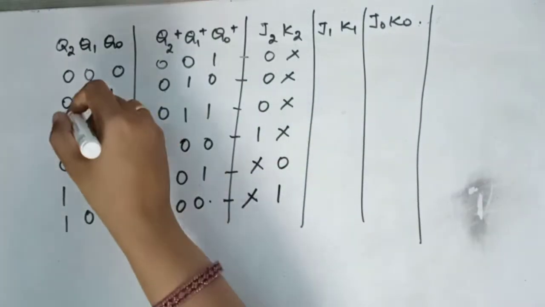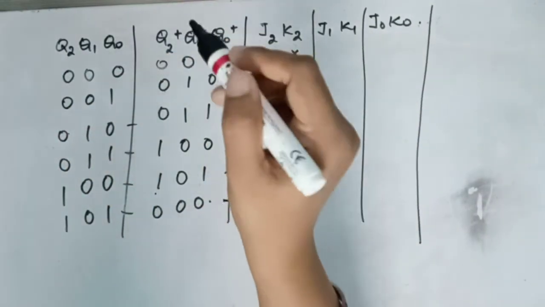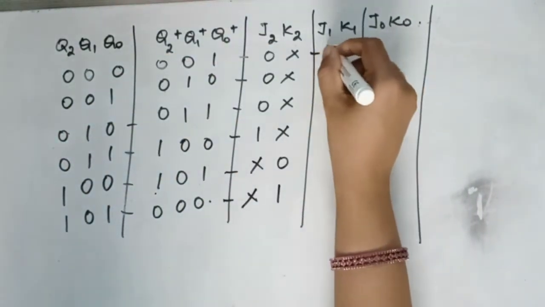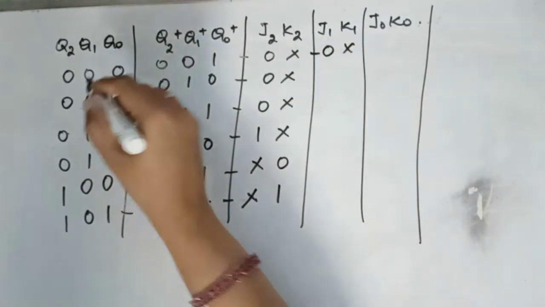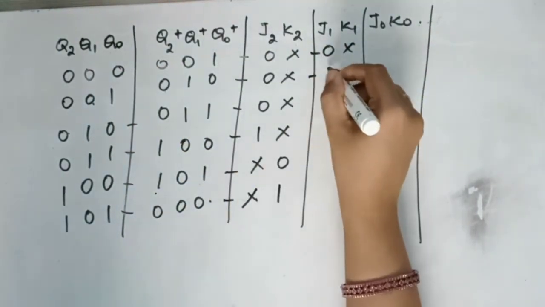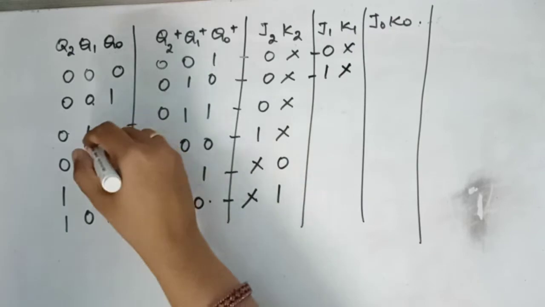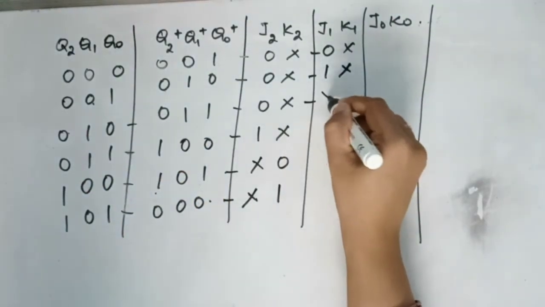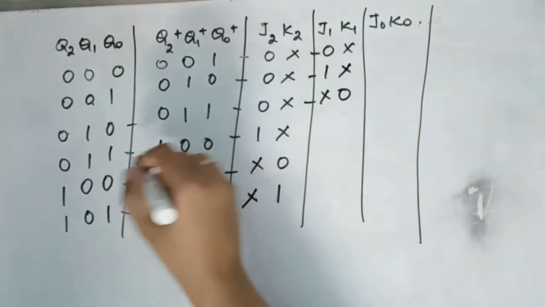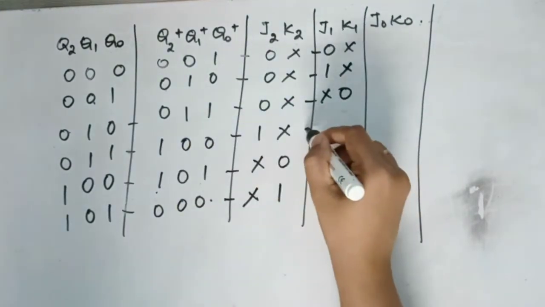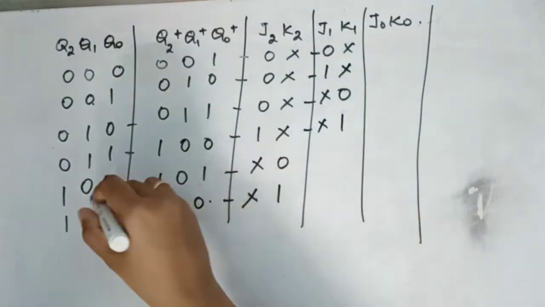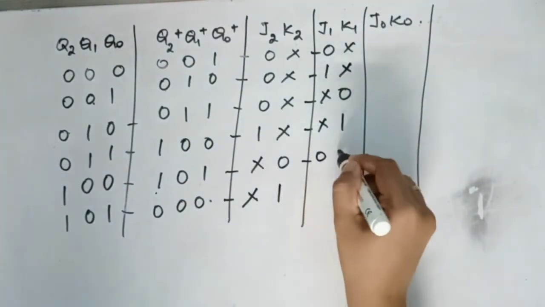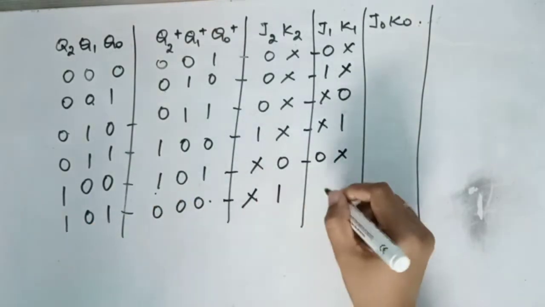J1 K1 will get from Q1 and Q1 plus. 0 0 is 0 don't care, 0 1 is 1 don't care, 1 1 is don't care 0, 1 0 is don't care 1, 0 0 is 0 don't care, 0 0 is 0 don't care.